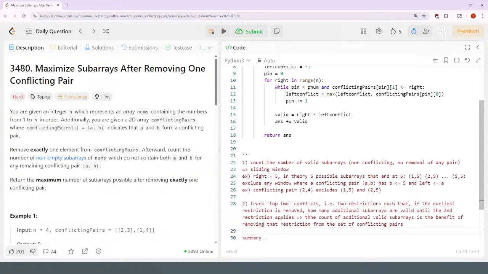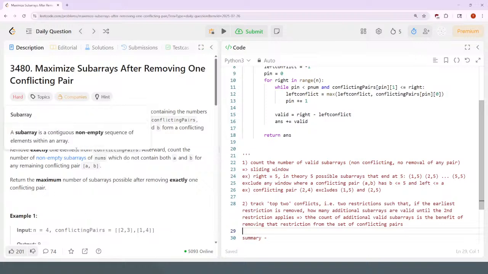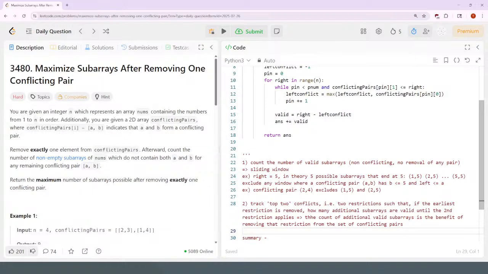So for each pair that you remove, you will create possibly more valid subarrays until kind of the next restriction. So let's say the right index is 5, and there's a conflicting pair at 2, 4, another conflicting pair at 1, 3.